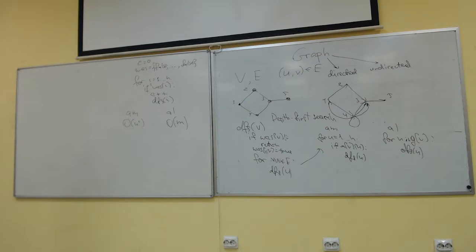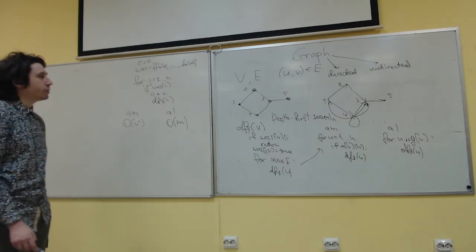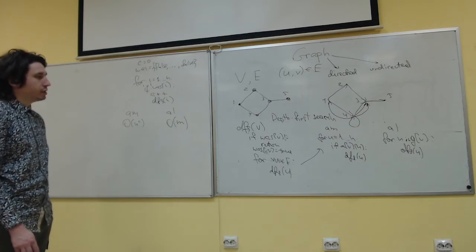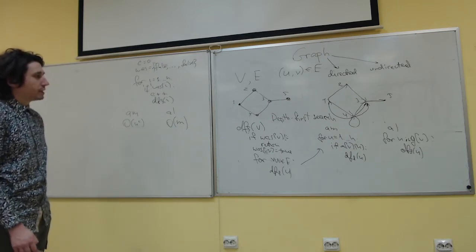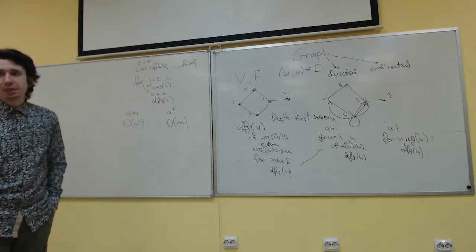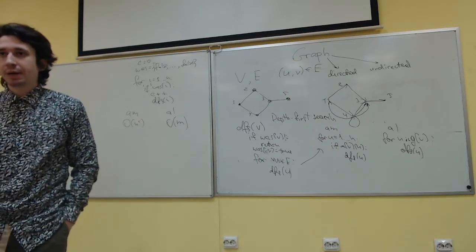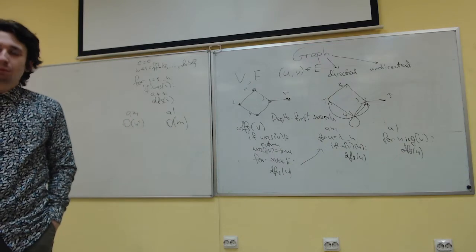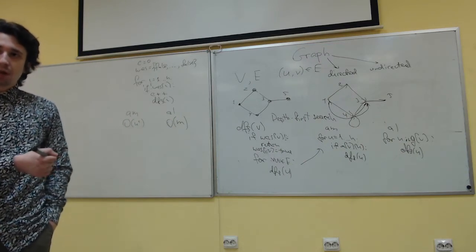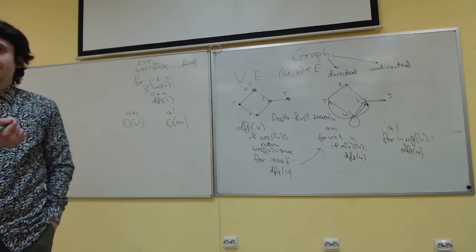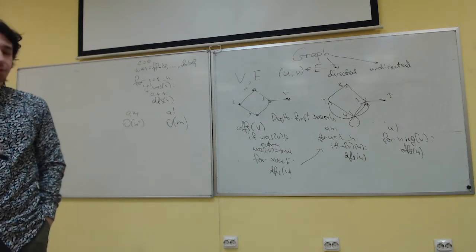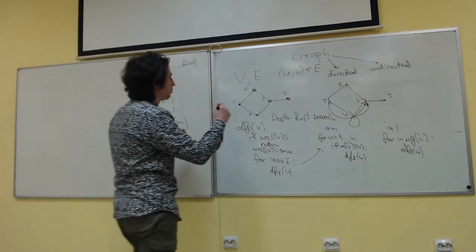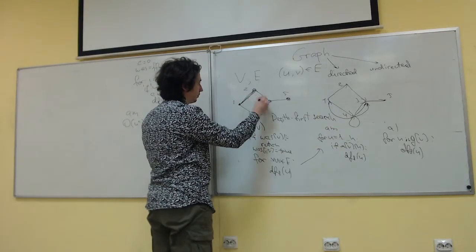Okay, so that is how we calculate the number of connected components. The very interesting thing here is that this DFS builds some spanning tree. What is a spanning tree? A spanning tree is a connected subgraph of the graph which is a tree. So, for example, here the tree can be like that.